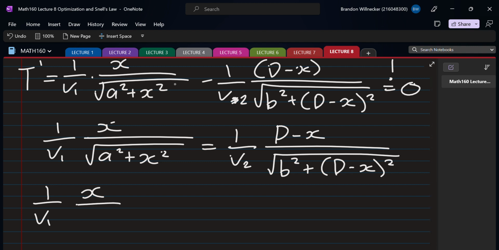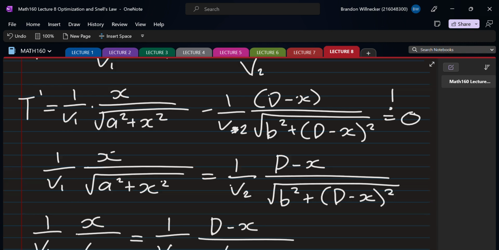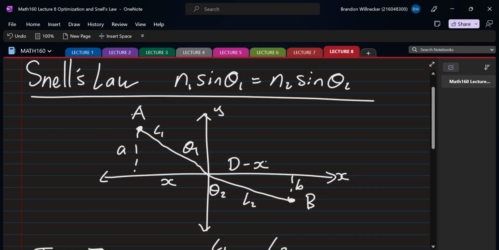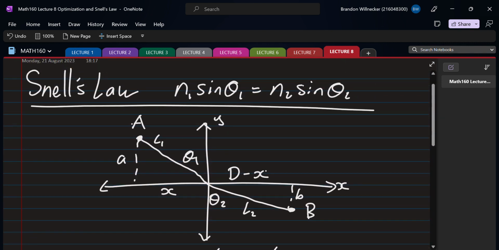So this is going to be x over L1. And then we're going to have 1 over v2, d minus x over, again, the square root here. This was our L2. Now x over L1, if we go back to our diagram, let's just put in the line here. So here, this is our x, here's our L1.